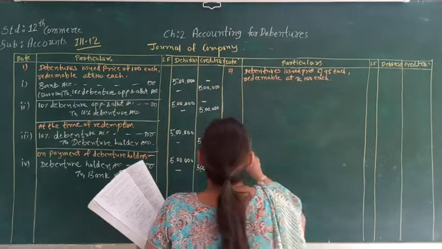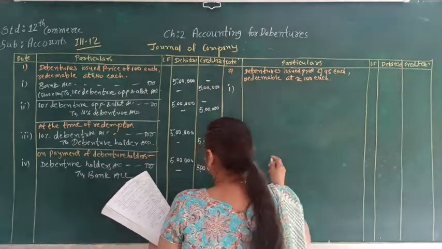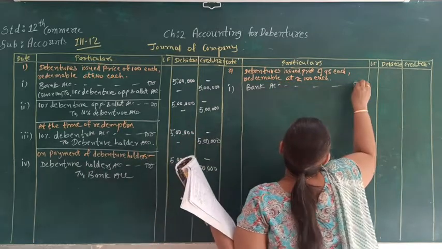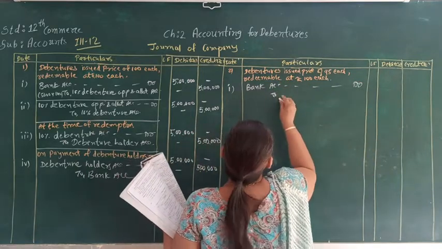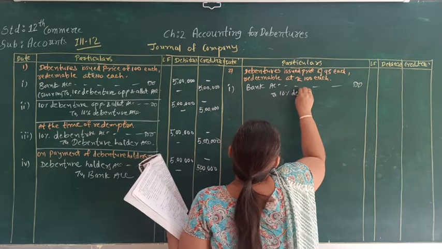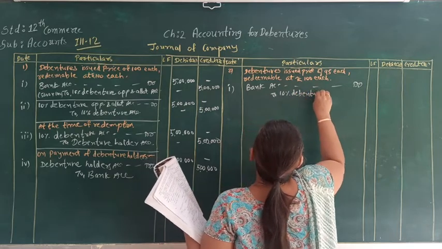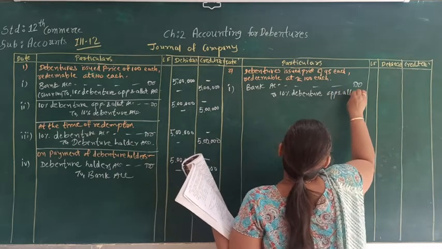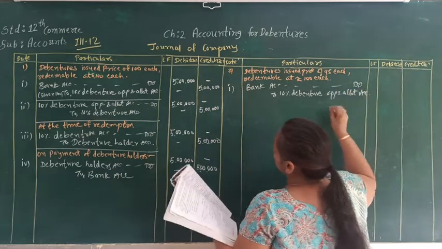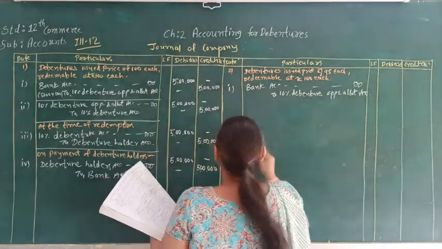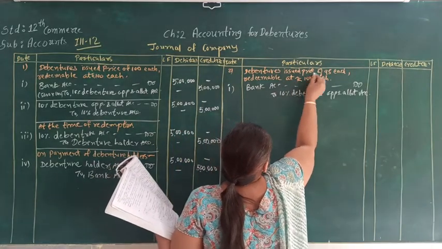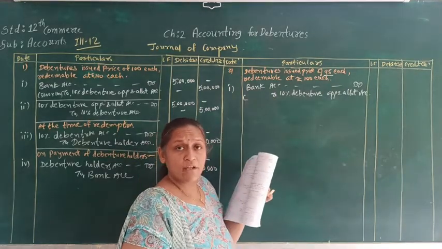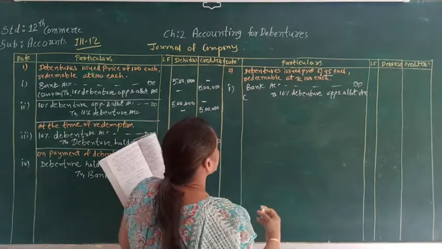In that situation, the very first journal entry will be bank account debit to 10% debenture application and allotment account. The issue price is rupees 95, so we have to get rupees 95 at the time of getting the money.